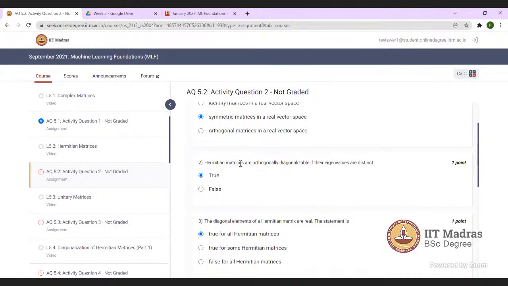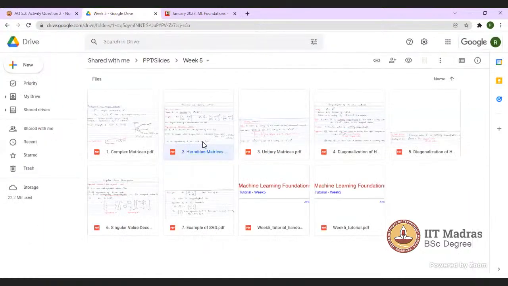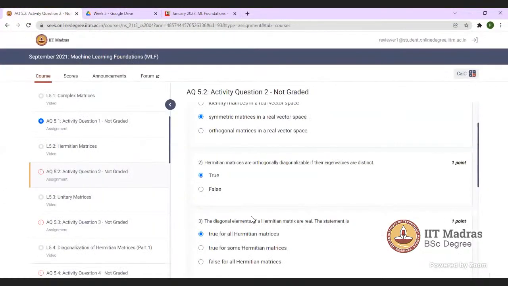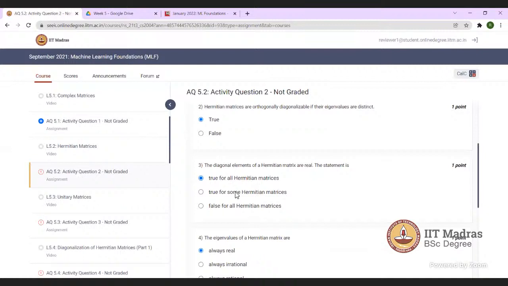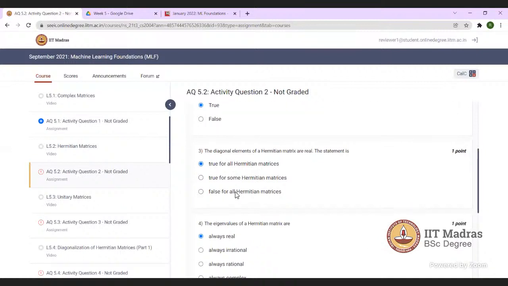Next, Hermitian matrices are orthogonal and diagonalizable if the eigenvalues are distinct. This we discussed at the last part of the lecture, so that is true. The next one is that diagonal elements of a Hermitian matrix are real. This we discussed, and the professor mentioned a proof there too.